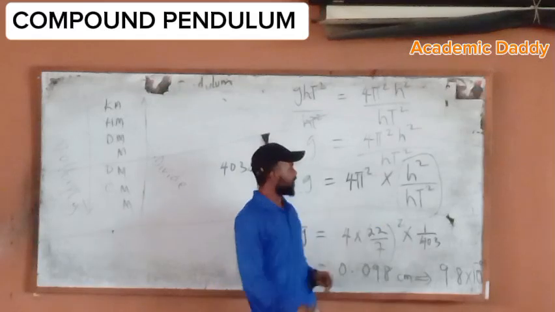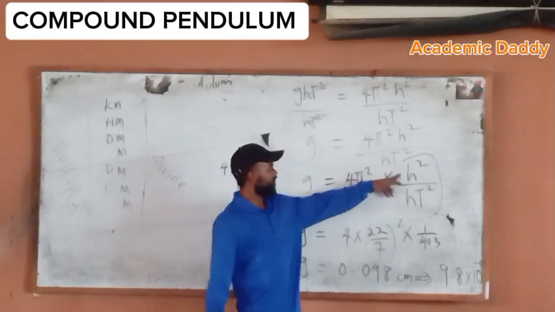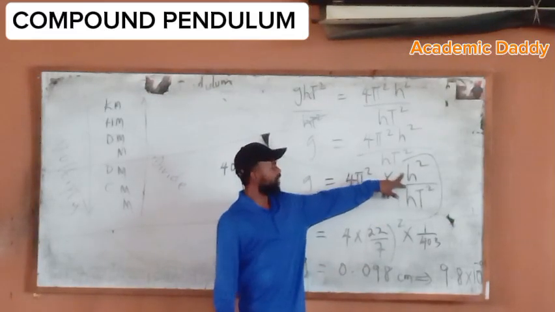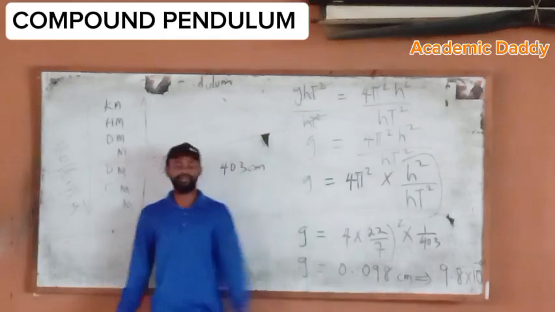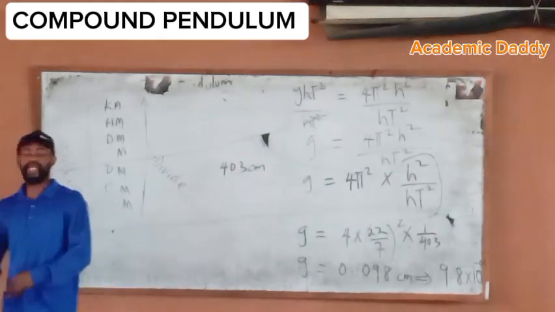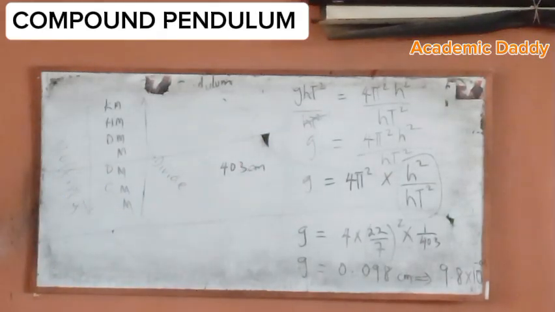Let's do it individually. Our head square, what did we get as our head square? Our highest head square is what? So let's give us 9.8.